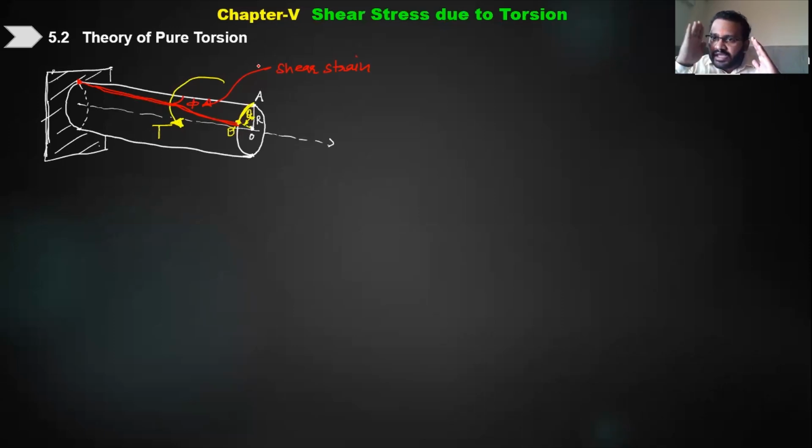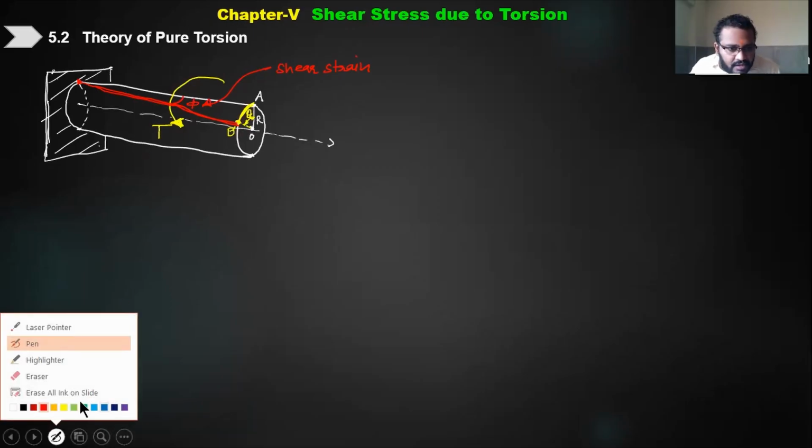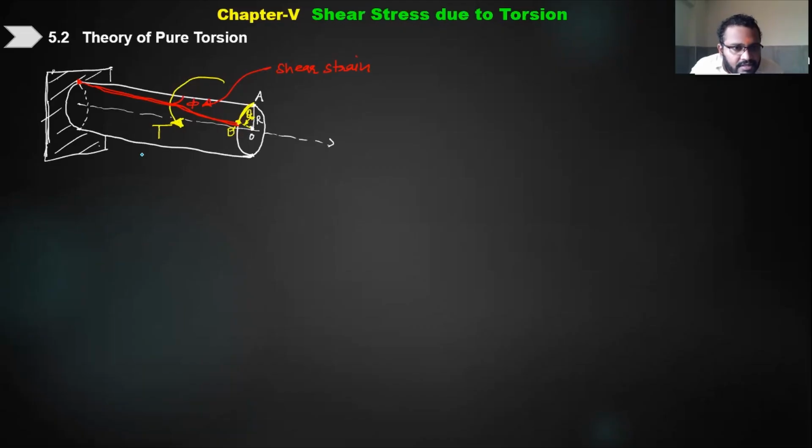So what is happening here? One cross section is rotating with respect to the fixed cross section, and there is a certain distance between them. Let us assume the length of this whole rod is, let's say, L. So let us assume some parameters which we have used here.